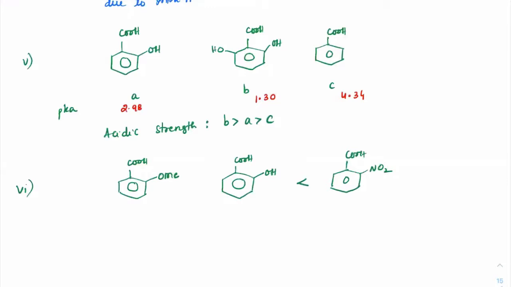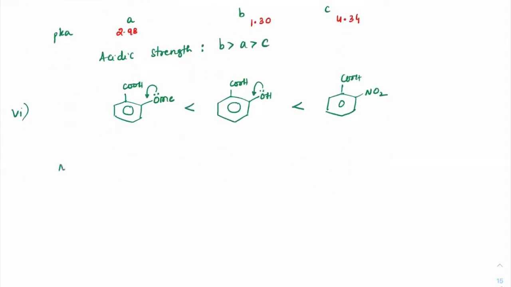Then between these two, if you have to compare, this is also a donating species. OMe is also donating by plus M. OH is also donating by plus M. If only plus M is to be compared, in that case, ortho effect by intramolecular hydrogen bonding would be more dominant. Okay. So let me write it as a note.